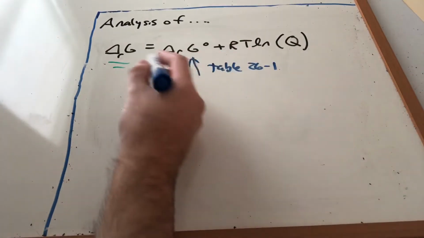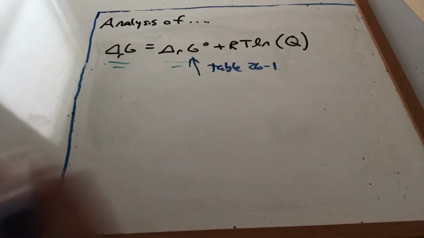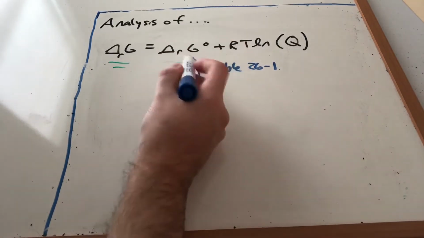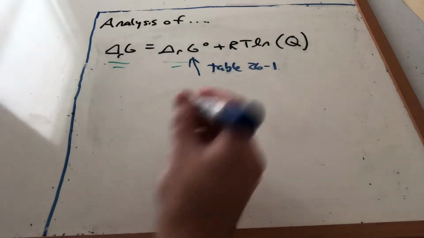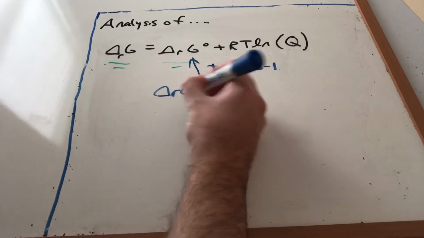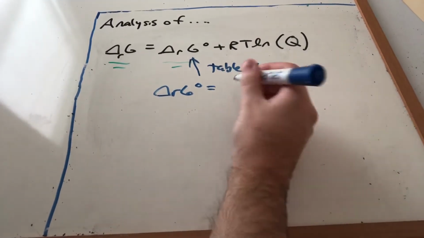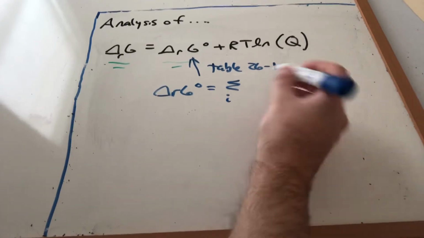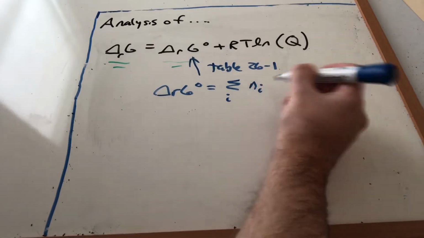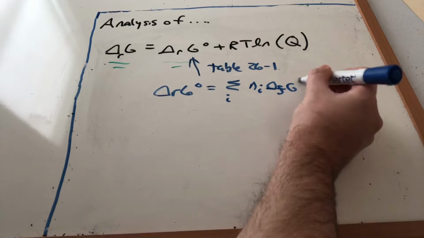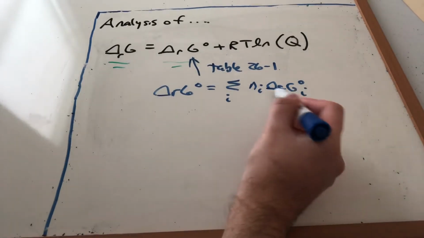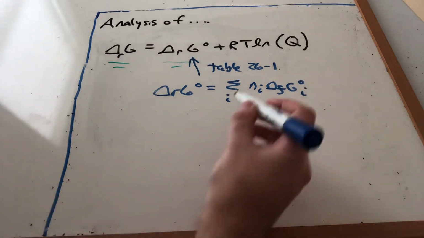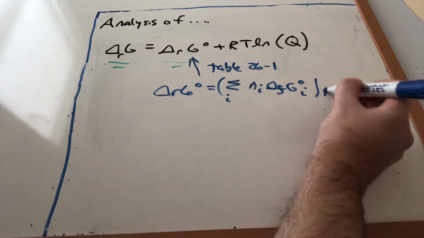And you would look up a bunch of delta G formations. And you would say, okay, this reaction's G under standard conditions can be made by doing a sum for your products of your stoichiometric coefficient times the formation reaction Gibbs energy for that particular species under standard conditions. You do that sum for your products.